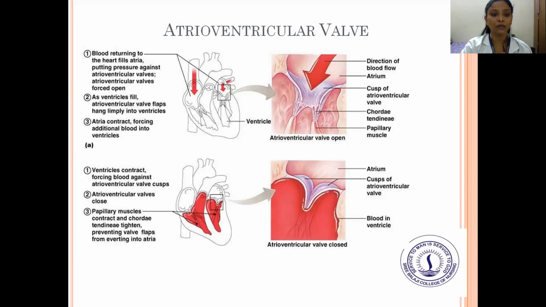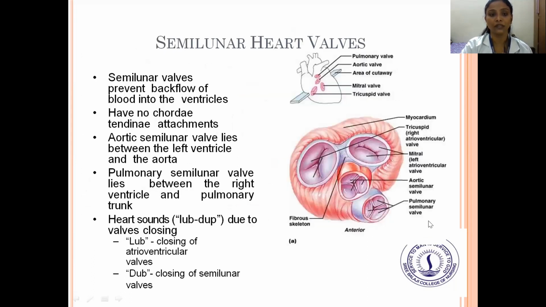Ventricles contract, forcing blood against atrioventricular valve cusps. Atrioventricular valves close. Papillary muscles contract and chordae tendineae tighten, preventing valve flaps from everting into the atria. So you can see the direction of blood flow to the atrium, cusp of atrioventricular valve, chordae tendineae, papillary muscle, atrium, and blood to the ventricles.